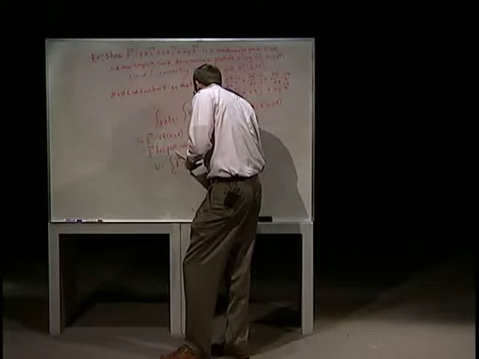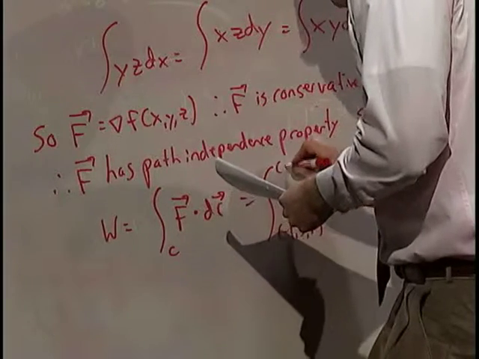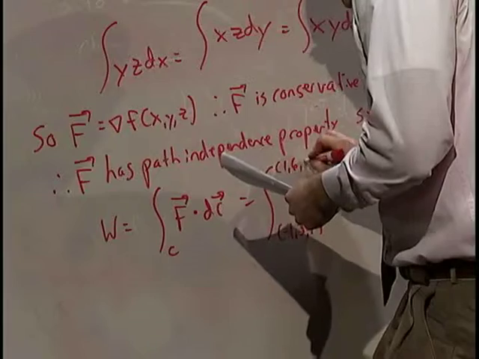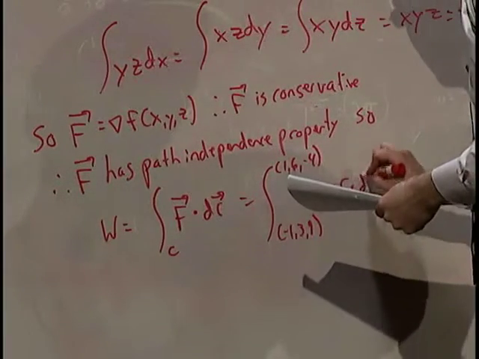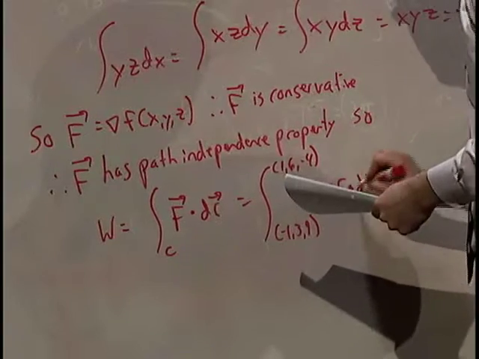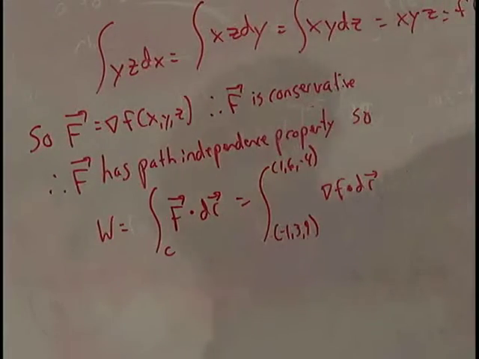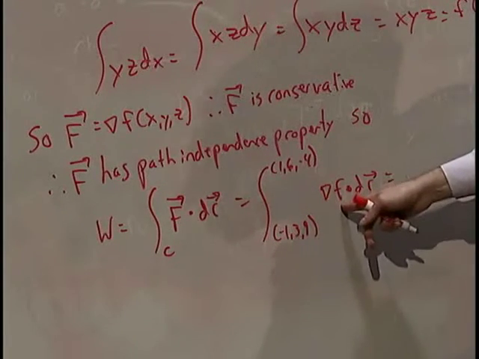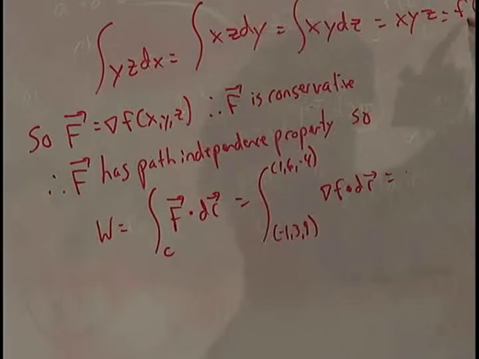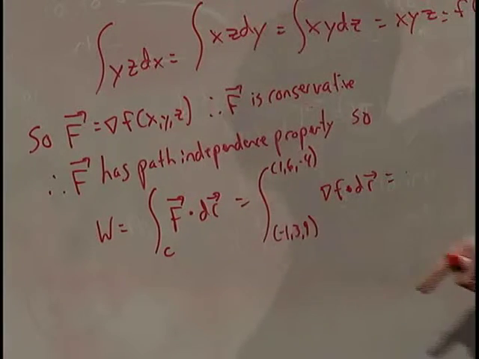So the endpoints for us, (-1, 3, 9) to (1, 6, -4), of grad f times dr. And we know from the fundamental theorem of line integrals that we plug these points into f and subtract.